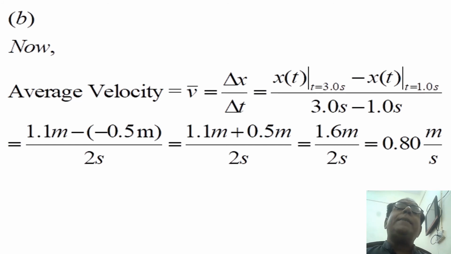This is the average velocity, denoted by v bar, and its value is 0.80 meter per second. Now we move on to the next slide to see the solution of part C.